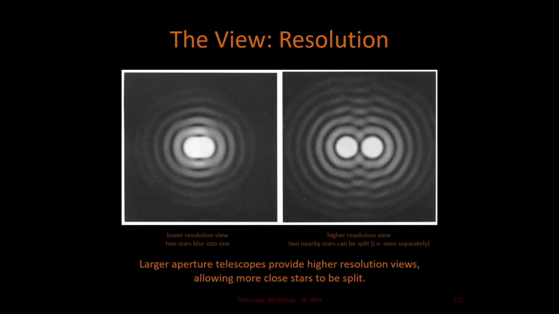Larger aperture telescopes provide higher resolution views. It turns out the only thing that matters when it comes to resolution is the aperture, which is kind of nice because for everything else we're talking about, you've got the aperture of the telescope, you have the eyepiece, you have this, you have that. This is one dimension that determines this. Here you can see a higher resolution image on the right-hand side and a lower resolution on the left-hand side.